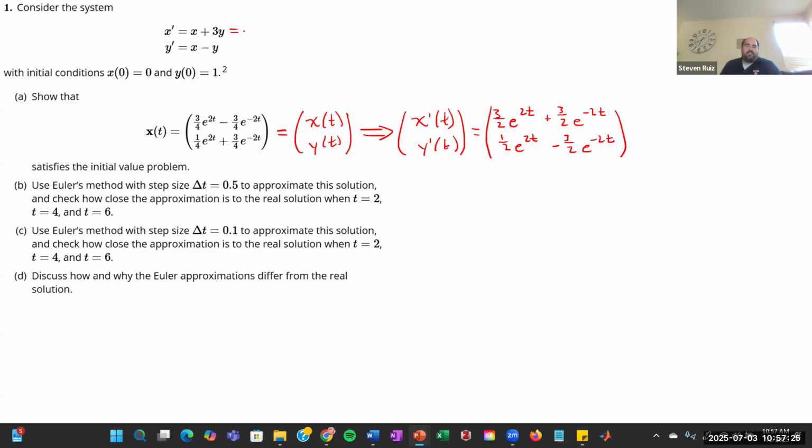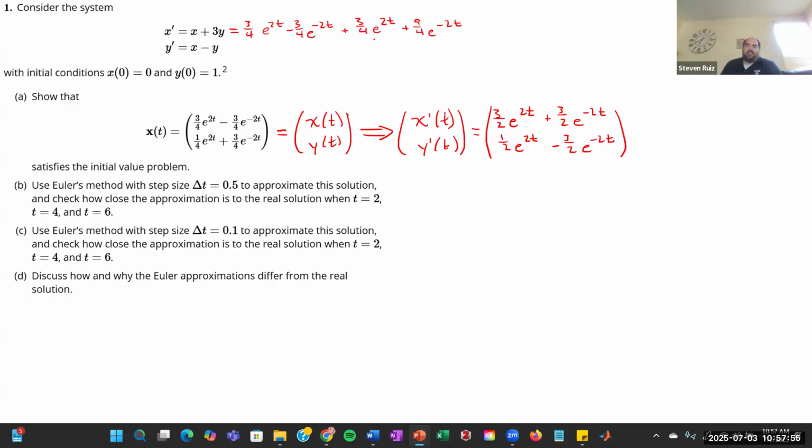X is 3/4 e to the 2t minus 3/4 e to the negative 2t, plus 3 times y, so plus 3/4 e to the 2t plus 9/4 e to the negative 2t.